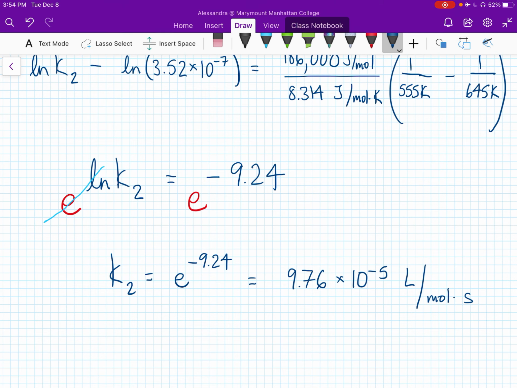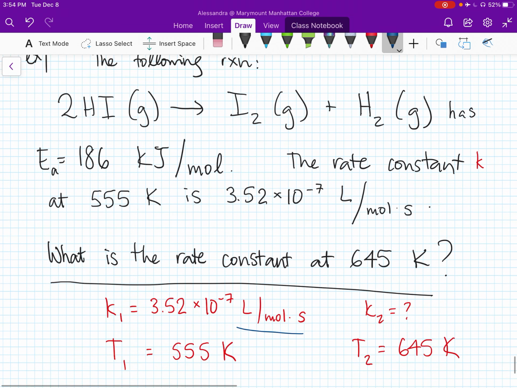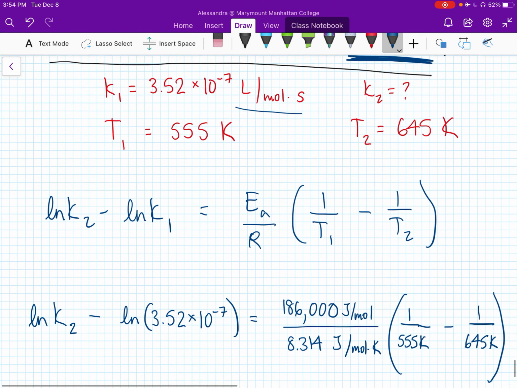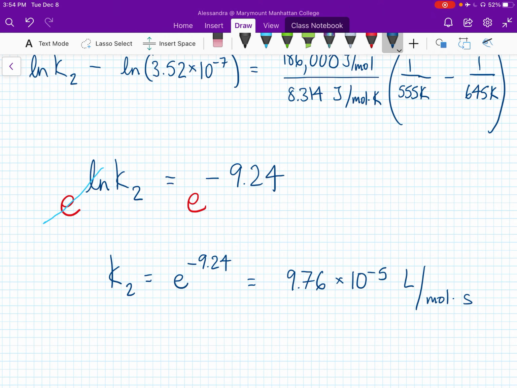All right, so let's think about what happens here and make sure that our answer makes sense. In the problem, we were told that the rate constant at 555 Kelvin is 3.52 times 10 to the minus 7. At the higher temperature, 645 Kelvin, the rate constant went up by almost 2 orders of magnitude.